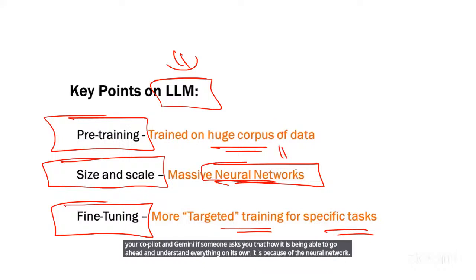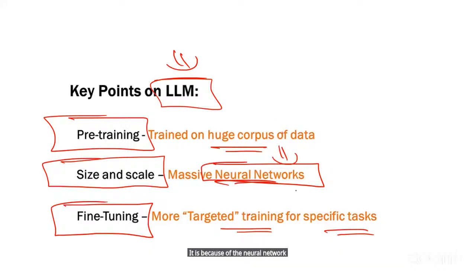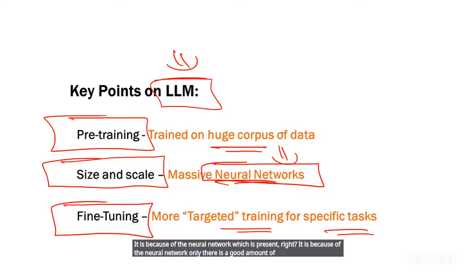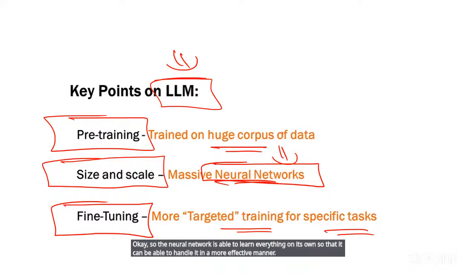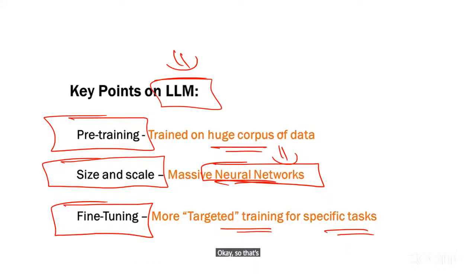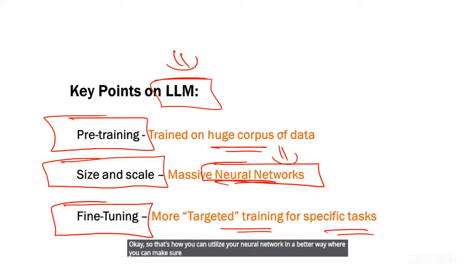It is because of the neural network that a good amount of training has happened, and it is able to learn everything on its own so that it can handle things in a more effective manner. That's how you can utilize your neural network in a better way, dealing with a huge number of connections that allow it to understand more complex information and generate responses to whatever you ask.